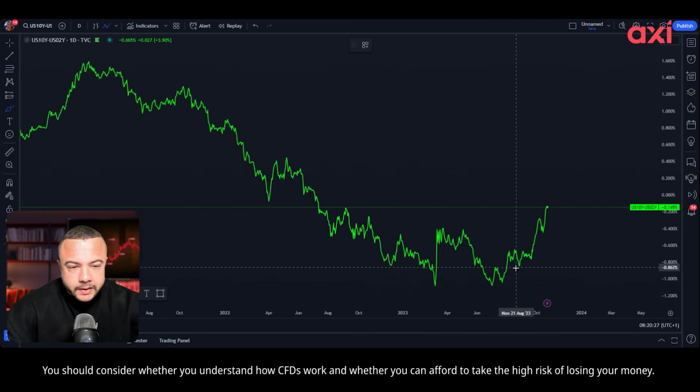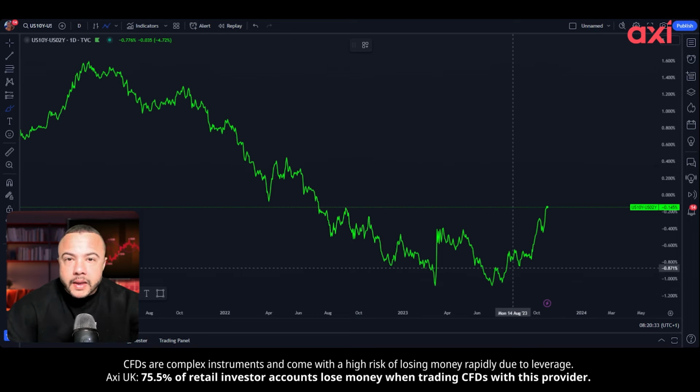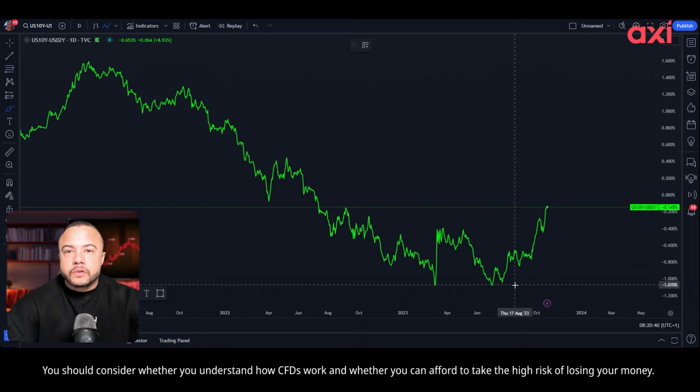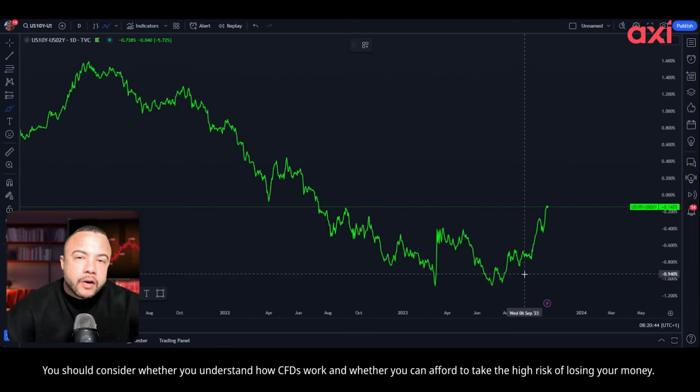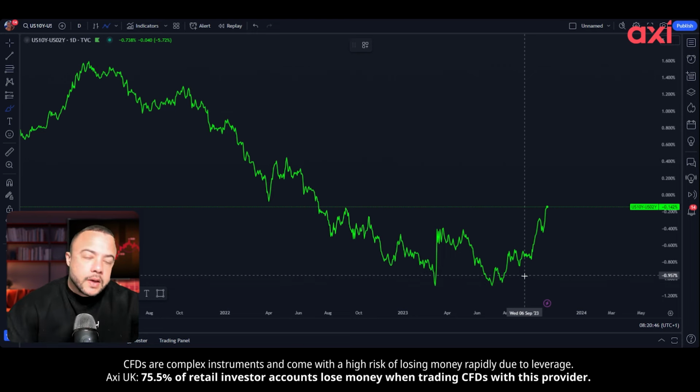Now what we're seeing is the 10-year yield actually become greater again than the 2-year yield. So what that's indicating really is that there are issues with the interest rate yield curve effectively, and it's signifying that there are recessionary conditions coming up.